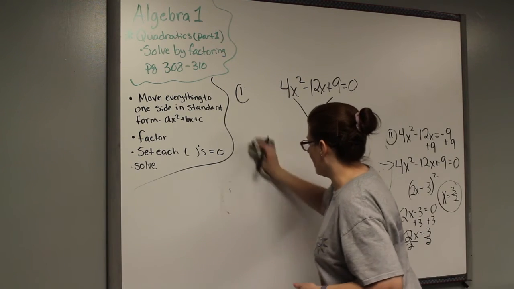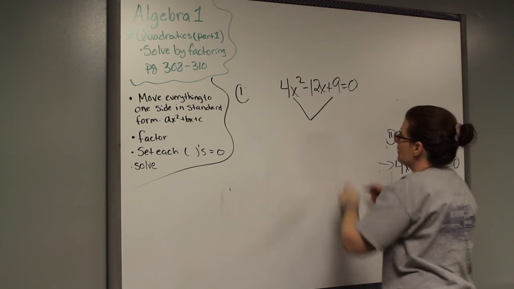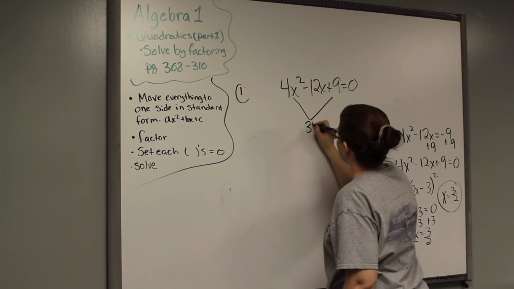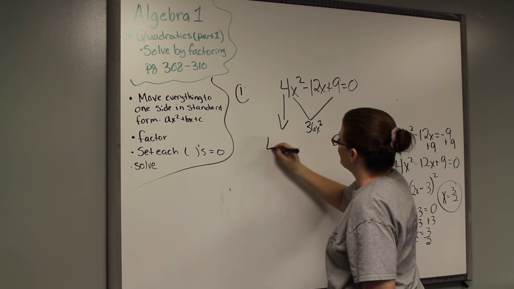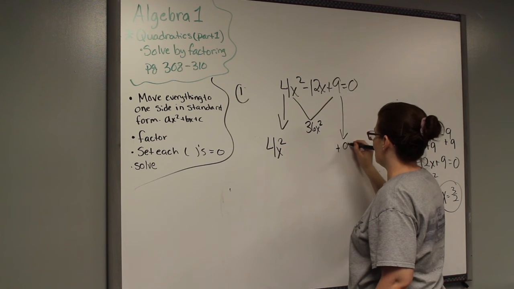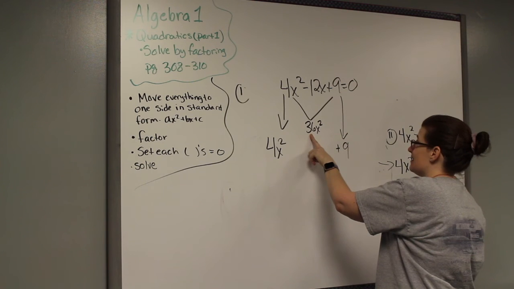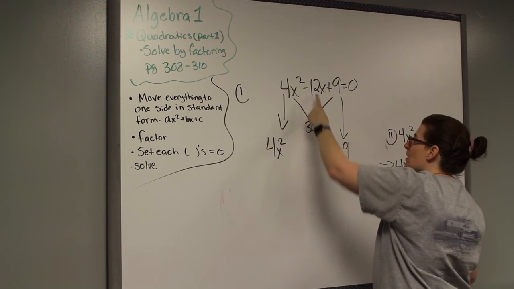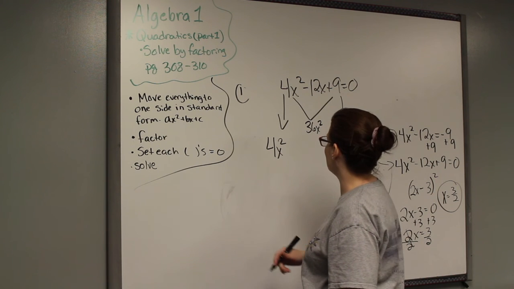So you multiply the first and the last term, which is going to give us 36x squared. You bring down your first term. You bring down your last term. And then you say what multiplies to 36, which is positive, and adds to negative 12.